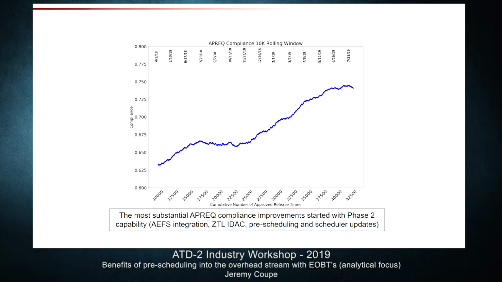If we continuously look back and ask what my compliance was on my last 10,000 APREQs, and then every day step forward and ask the same, and continue this process, we can create a graph like this. Since the life cycle of ATD-2, we have scheduled roughly 42,000 APREQ flights, and this is a rolling window of the last 10,000 sampled at every 100.